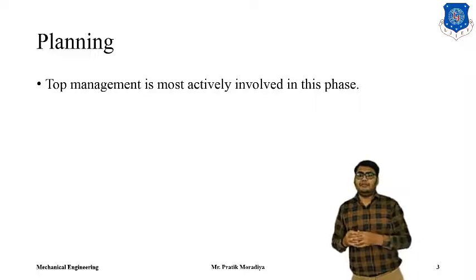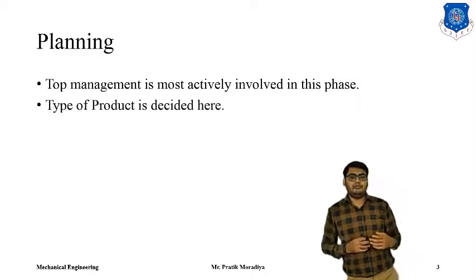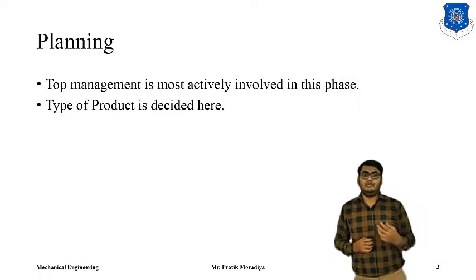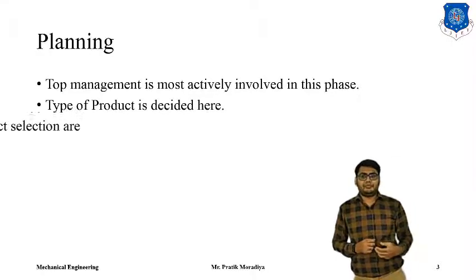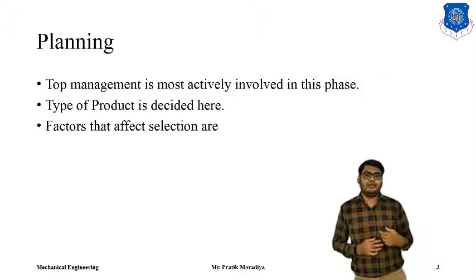So basically planning will give you an idea of what type of product you are manufacturing, what issues of customers you are addressing. Also, what factors affect the selection of your product.